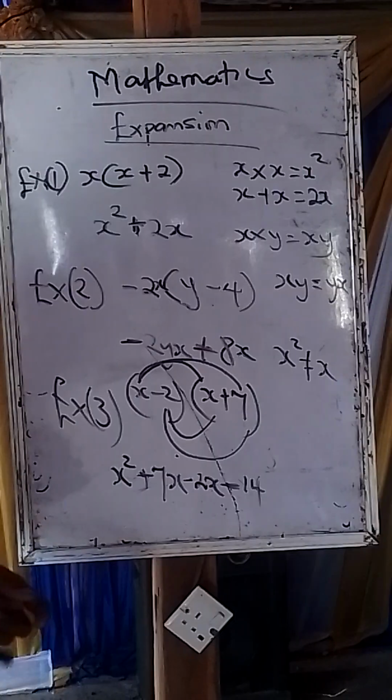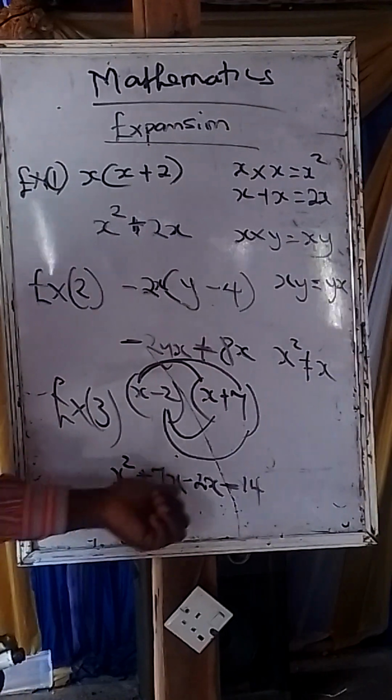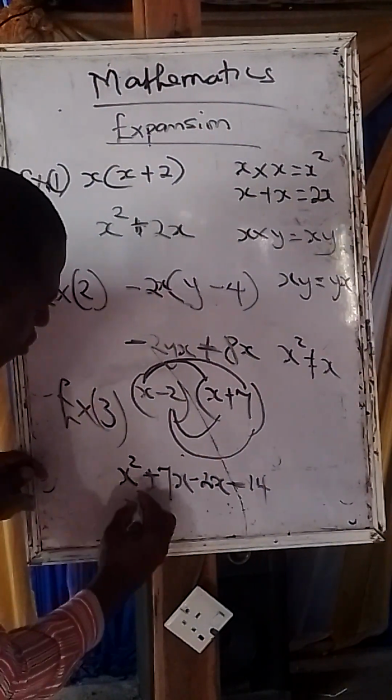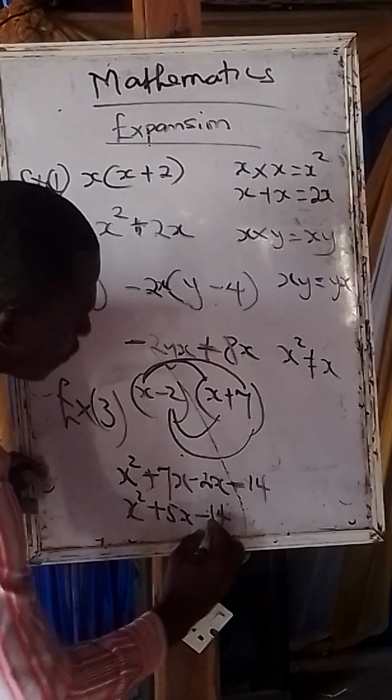Like terms. Outside that, none of them are like terms there again. So the way we normally do it, we go back to our algebra. Plus 7 minus 2 will give us what? So we now have x squared plus 5x minus 14.